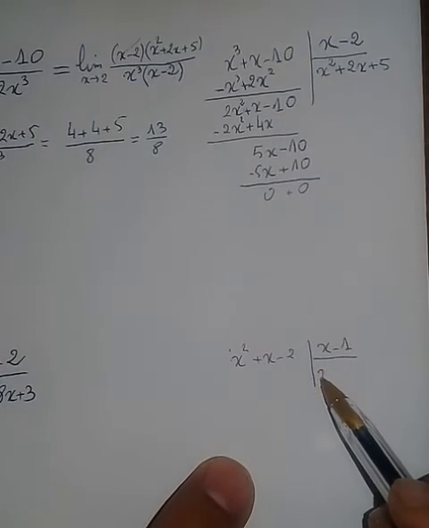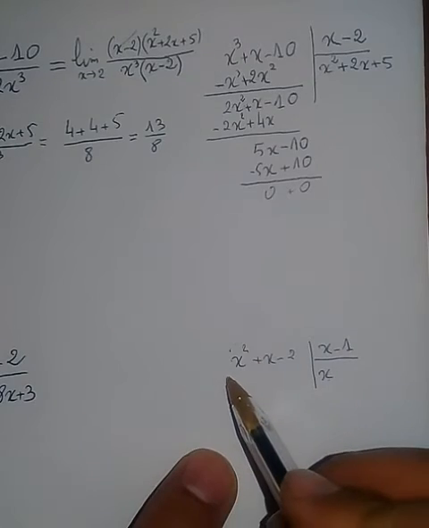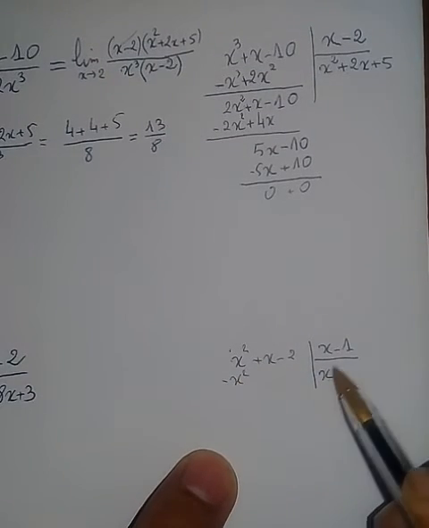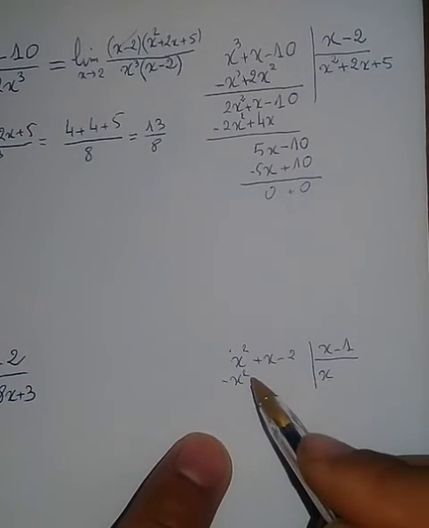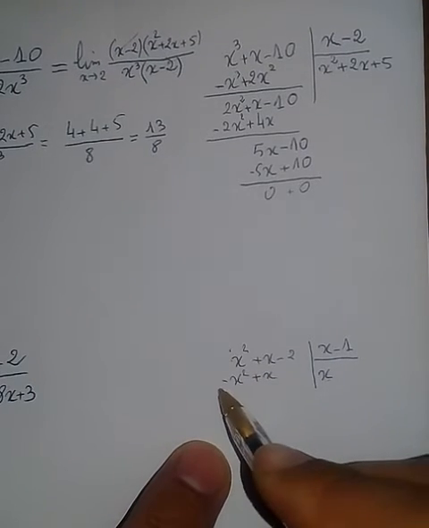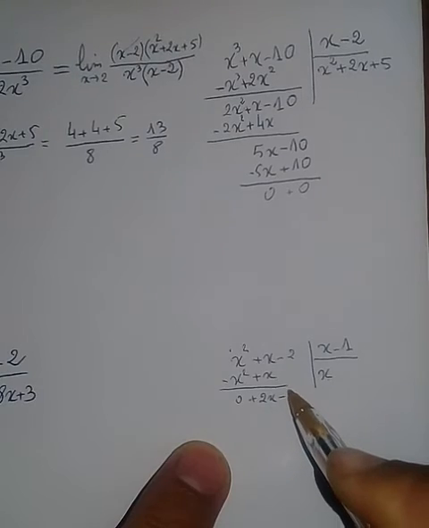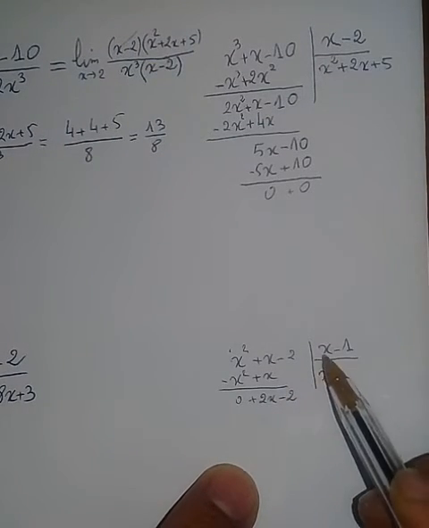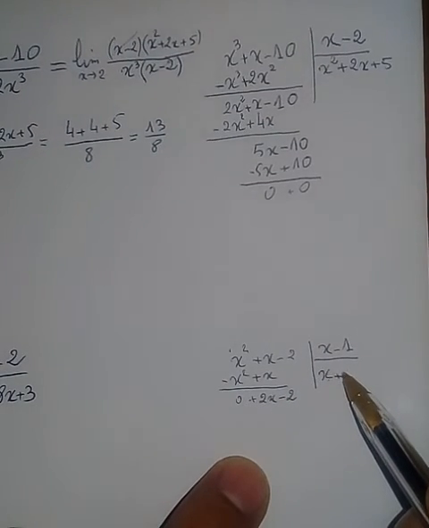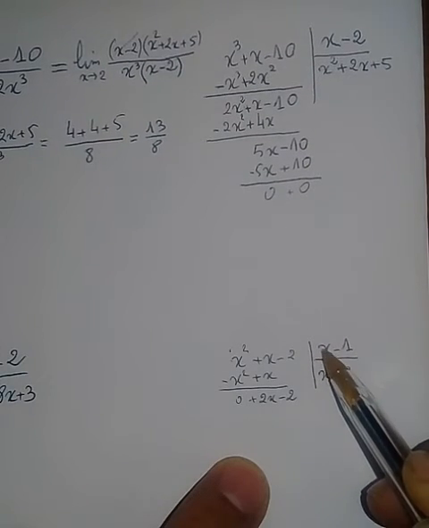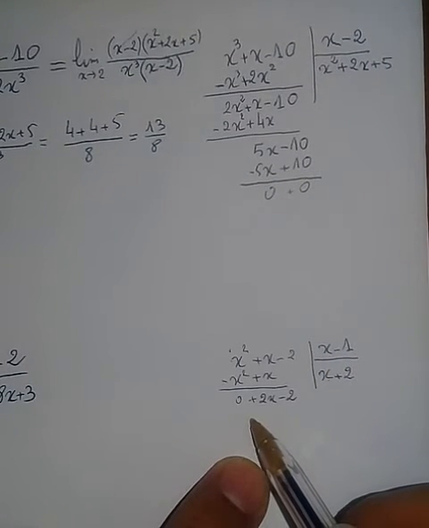x squared by x is x, times x squared, I'm going to write the opposite. x minus x, I'm going to write plus x. Here is 0 plus 2x minus 2. 2x by x is plus 2. 2 times x, I'm going to write the opposite.